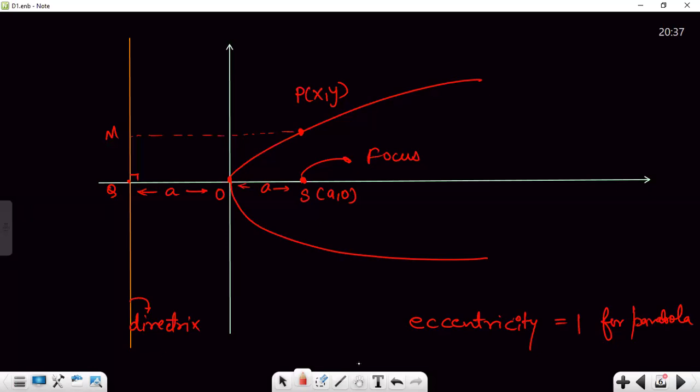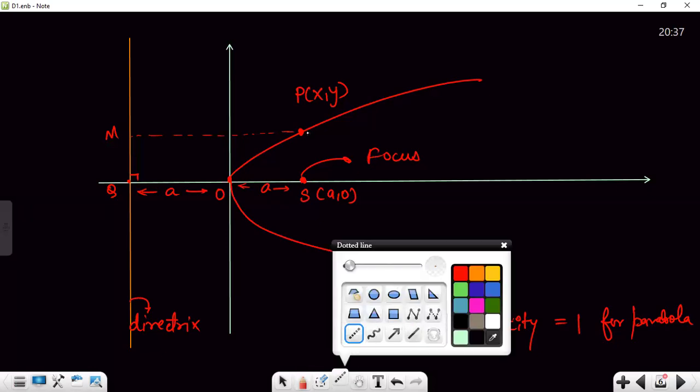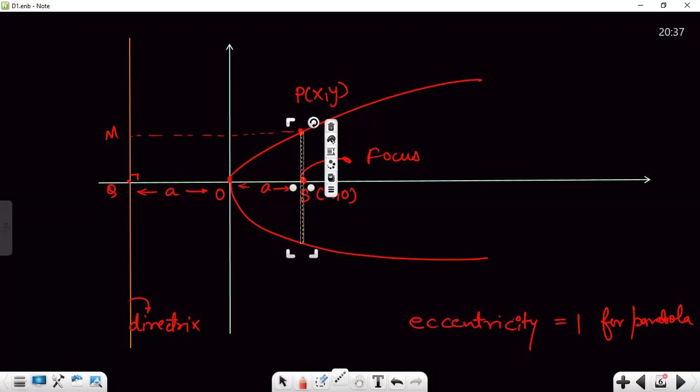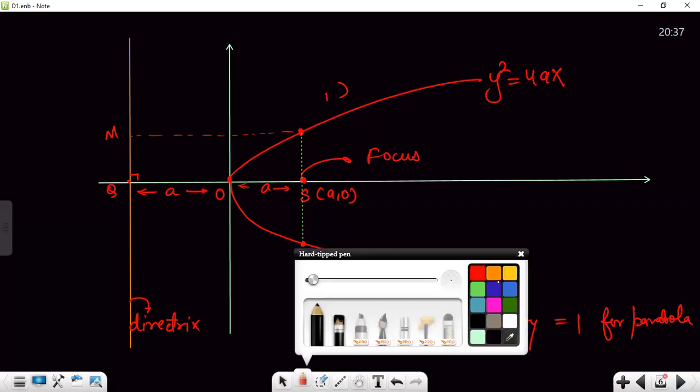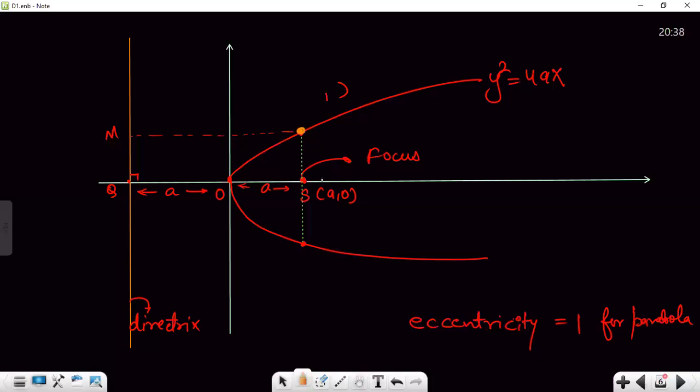Now let's talk about one more thing. If I join these two points on the parabola with the focus, this green line, then using the equation of the parabola, y square equals 4ax, the x coordinate of this point is a. So if x is a, y square is 4a square, and y becomes plus or minus 2a.